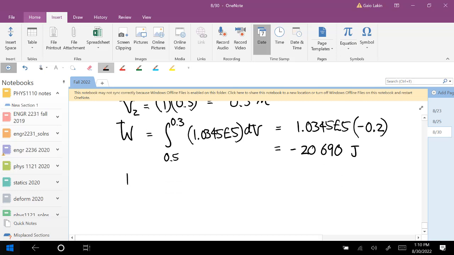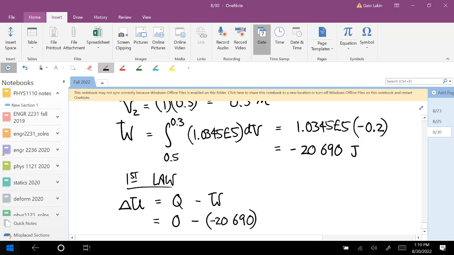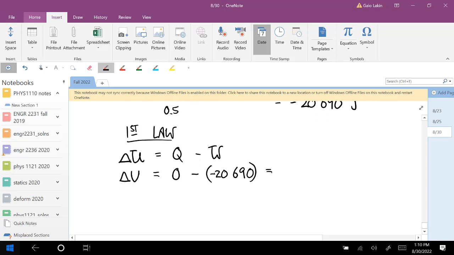And now we can finally use the first law, and that says that the change in internal energy is equal to Q minus W. It's insulated, so there's no heat transfer, and so that's 0 minus negative 20,690, and so you get a change in internal energy of positive 20,690 joules.